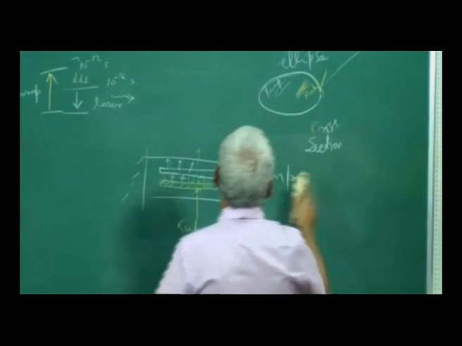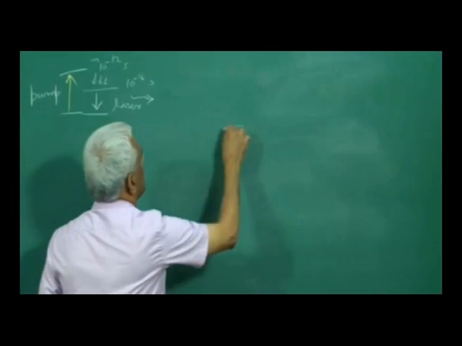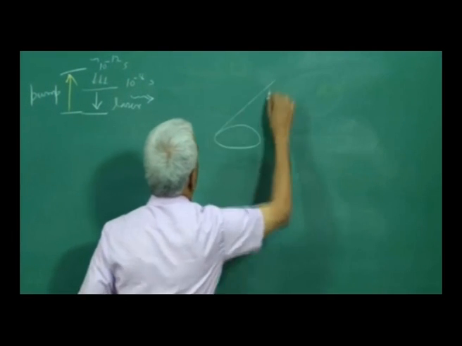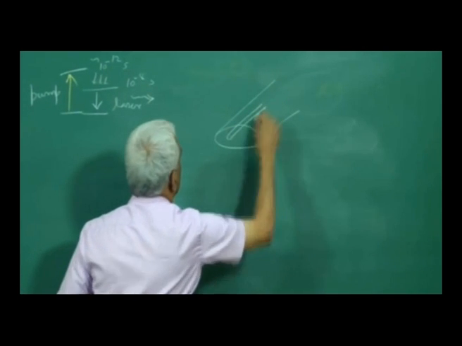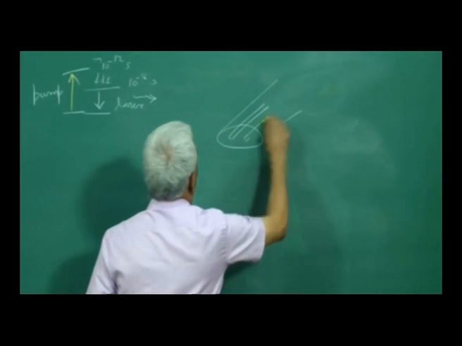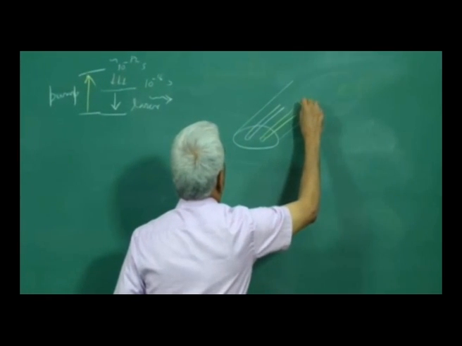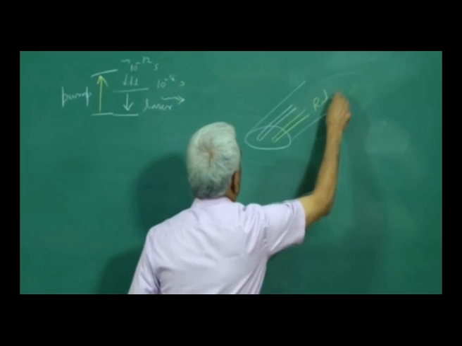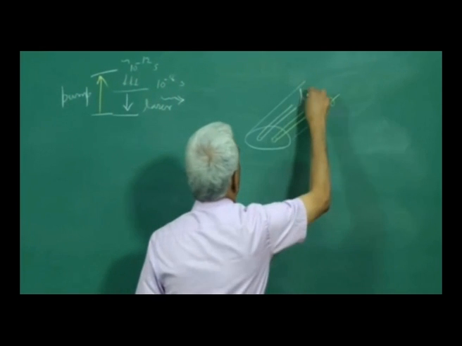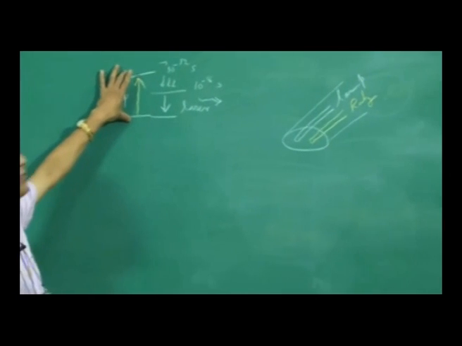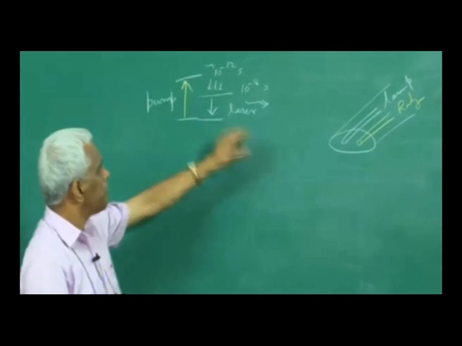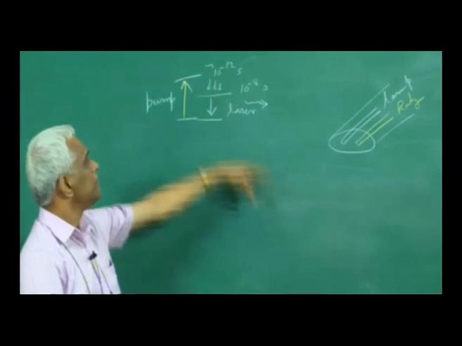For clarity, let us draw this again. I have a laser cavity of this kind. The purpose of the lamp is this, to excite ruby, and the purpose of ruby is of course to get this out.